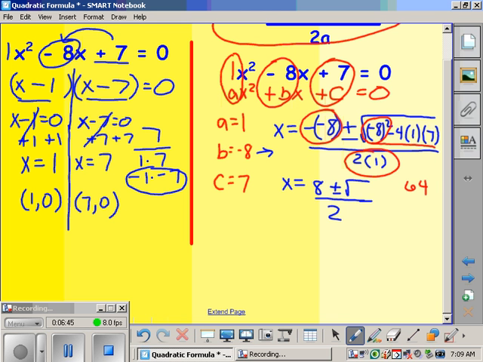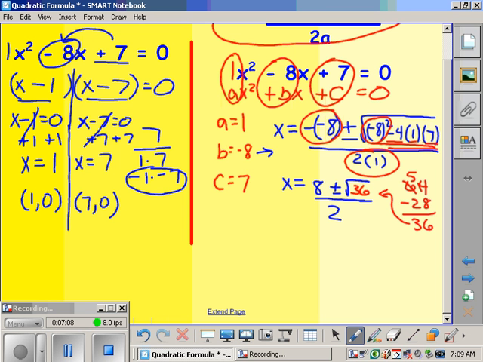Now be careful when you're multiplying these three numbers because you've got a -4, a +1, and a 7. You have to multiply all three of those together. And when you do, you get a -28. So then you take 64 minus 28, which is 36. So I'm going to put that under the radical. So that's what I get when I simplify.